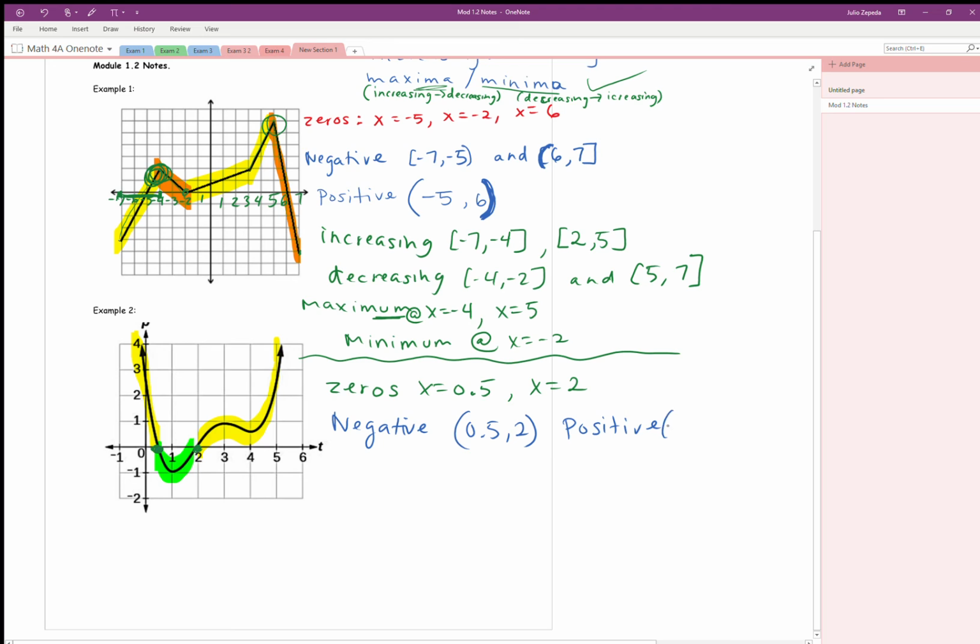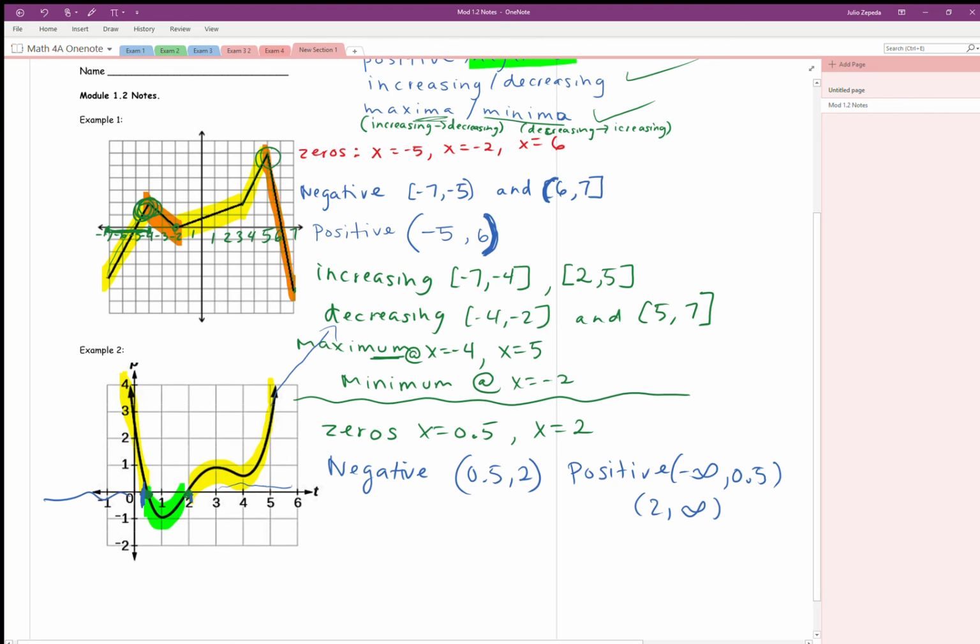I'm going to say anything from -infinity, all the way over here, all the way up until that point right there, which we said was 0.5, is going to be positive, as well as starting at 2, going all the way to positive infinity since I've got this arrow going off to the side. So from 2 to positive infinity. Okay, so that would be the intervals where it's positive.